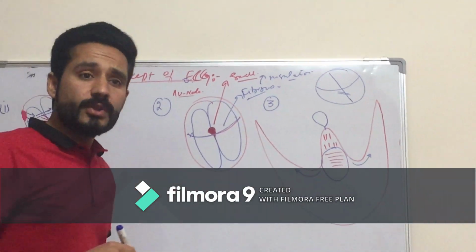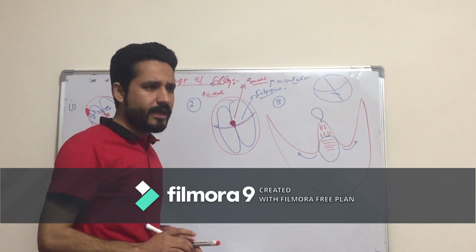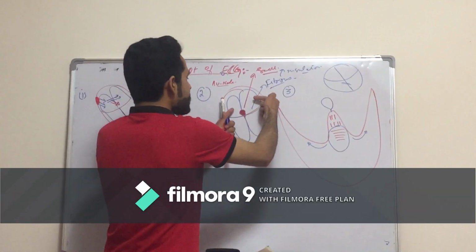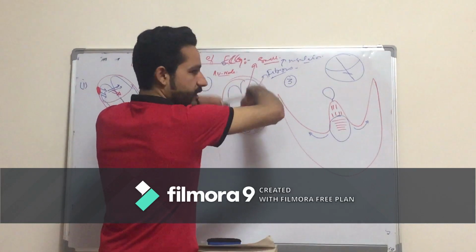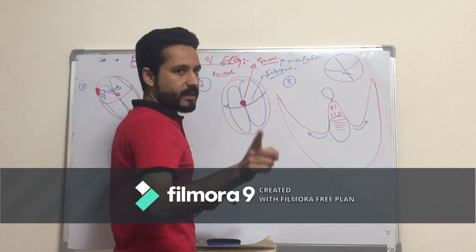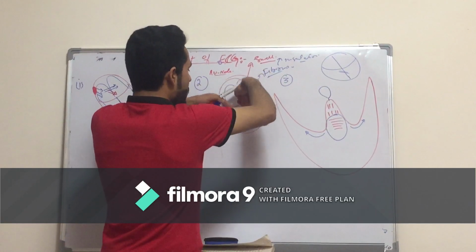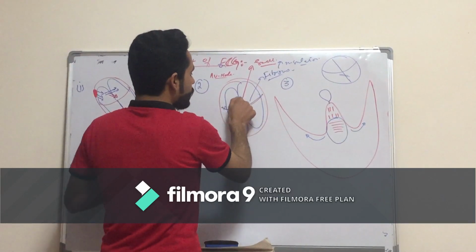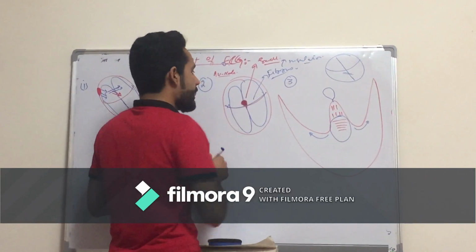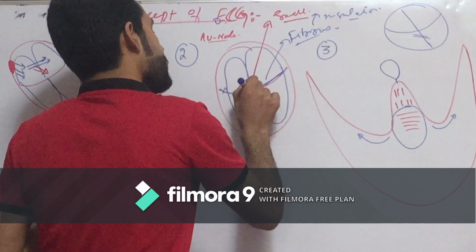So the action potential from the atrium will pass into the ventricles only through the AV node, not through this fibrous septum.